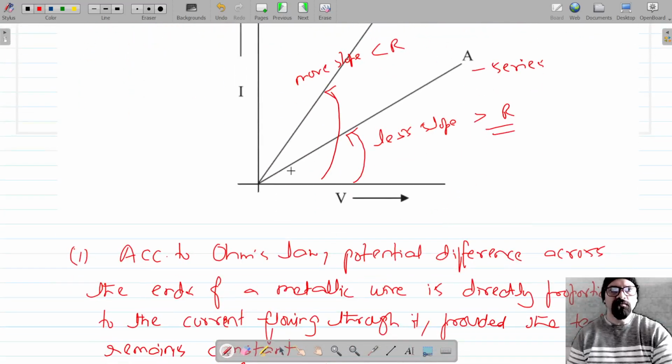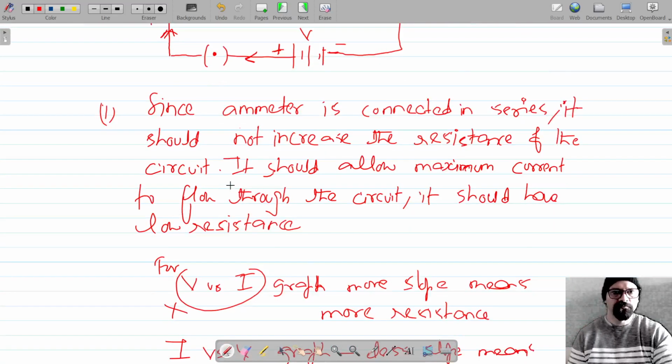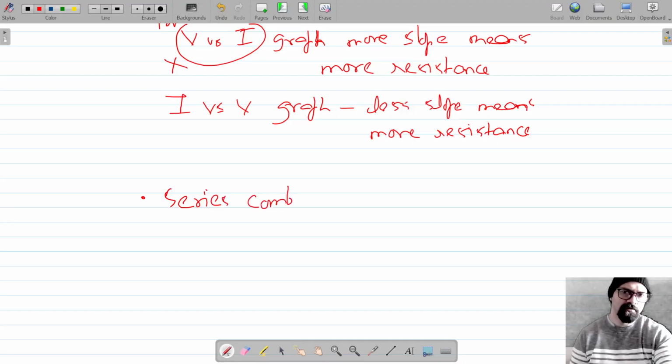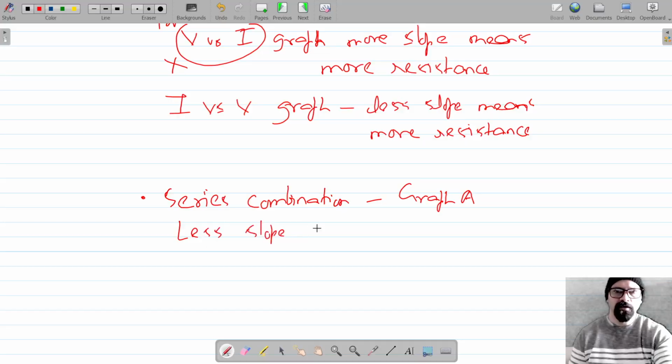Okay, so let's write down the answer now. What is the answer? For the series combination, it's graph A, because it has less slope and more resistance for the I versus V graph.